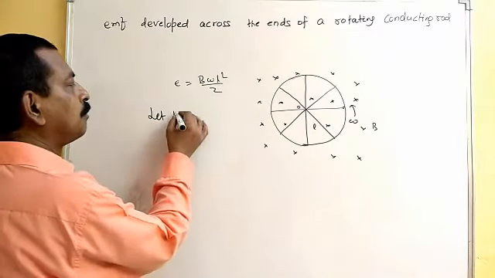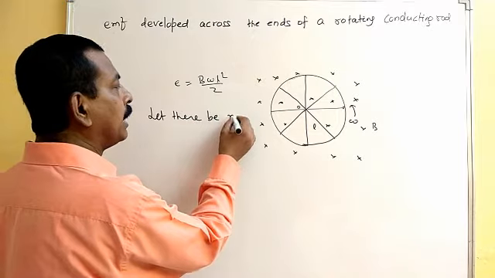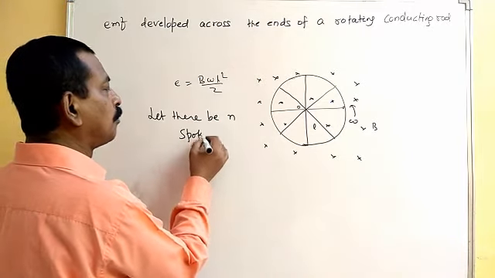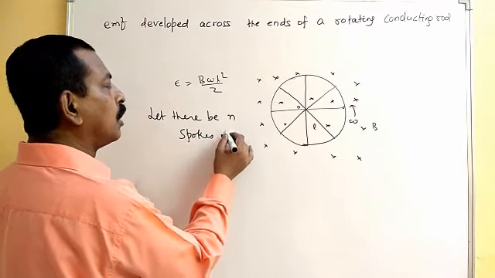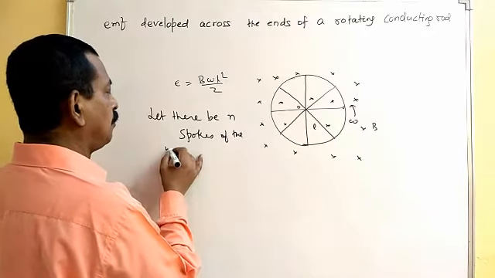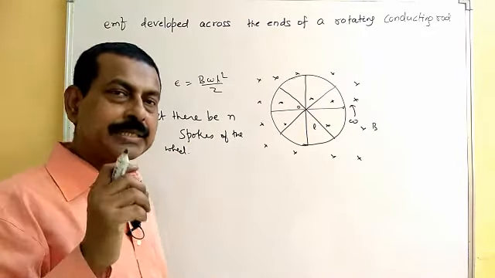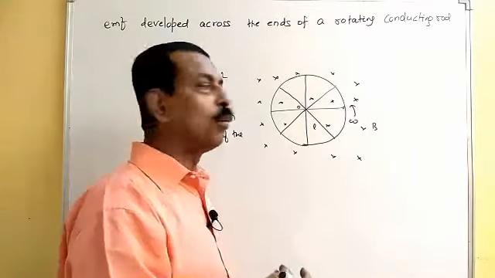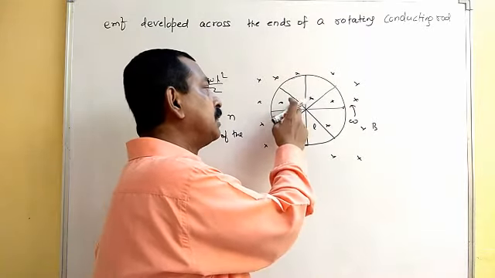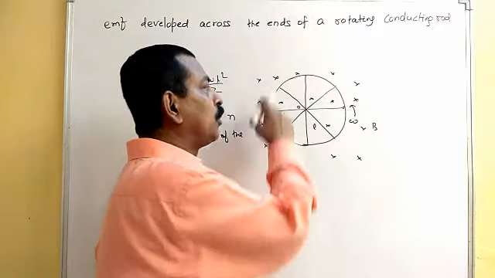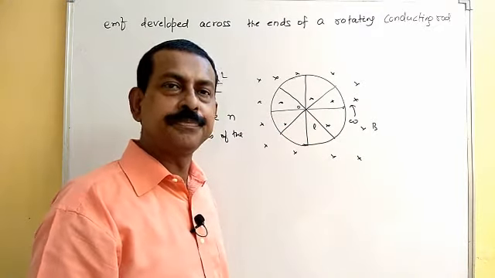Let there be n spokes of the wheel. So in that case, what is the EMF between a point at the center and the point on its rim?